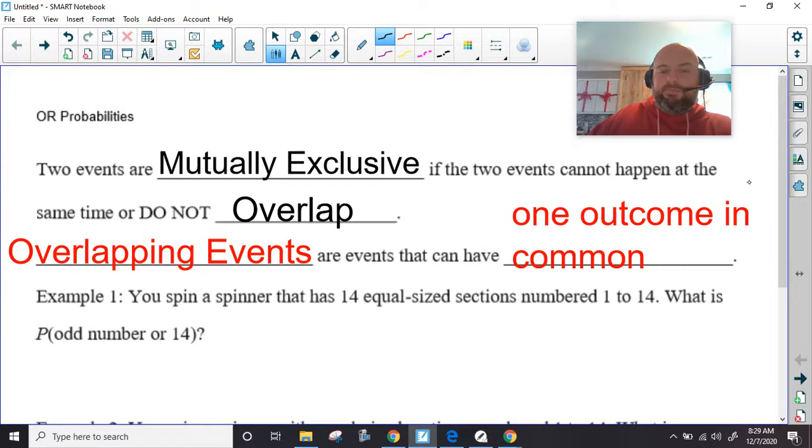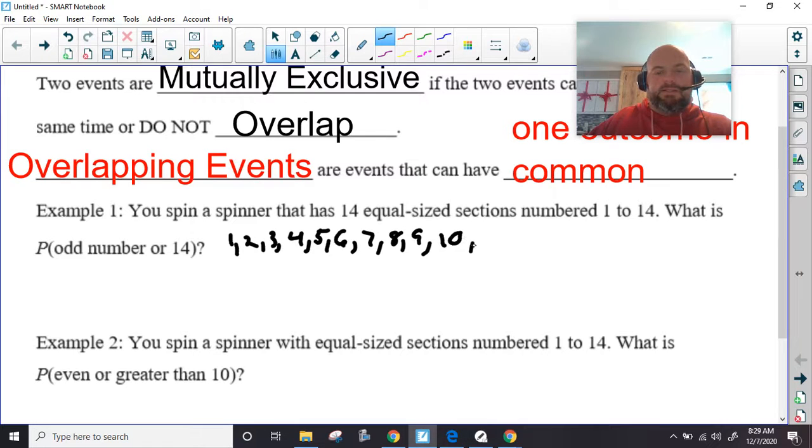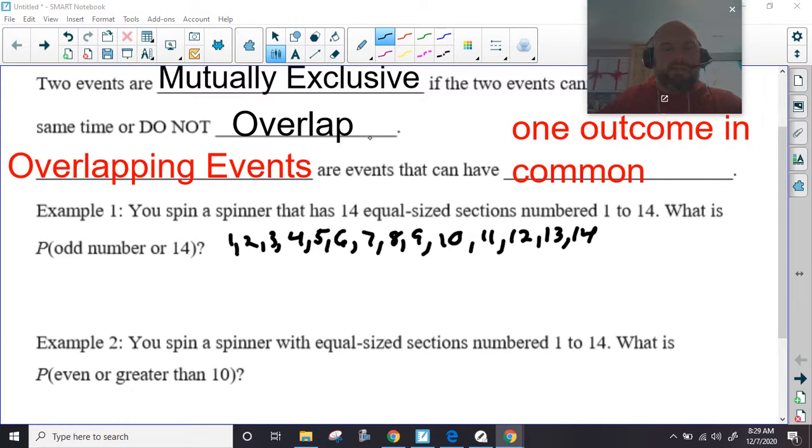All right, so we have this right here. Let's go 1, 2, 3, 4, 5, 6, 7, 8, 9, 10, 11, 12, 13, 14. Now it says you spin a spinner. It has 14 equal sections.